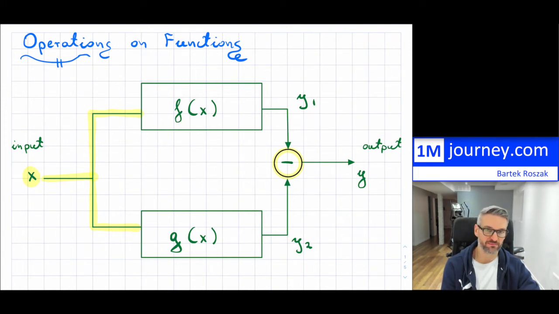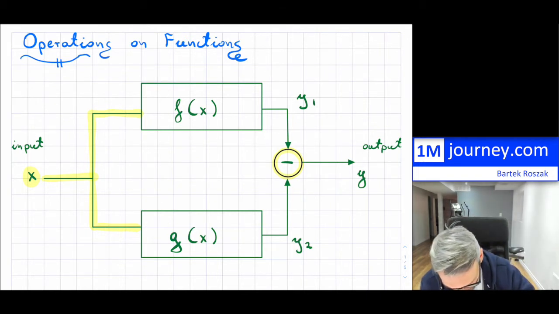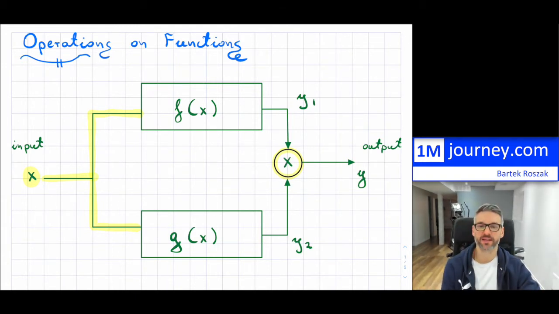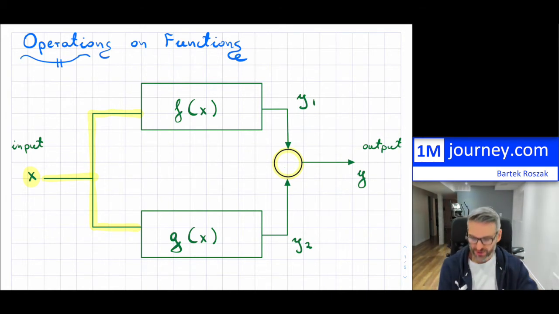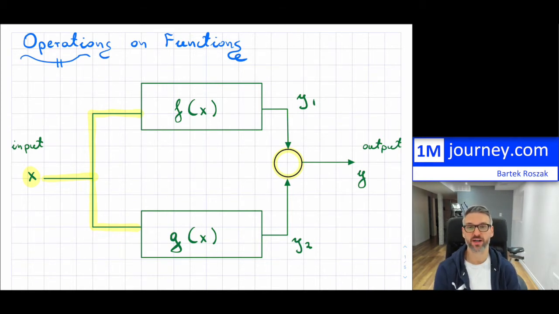I can do it that way. What if I wanted to multiply them together? I can multiply these together. And I can divide them as well. So those are the types of operations that you would think, well, yeah, I guess I can do that, right? So for whatever function I might have, I can certainly do something like this.